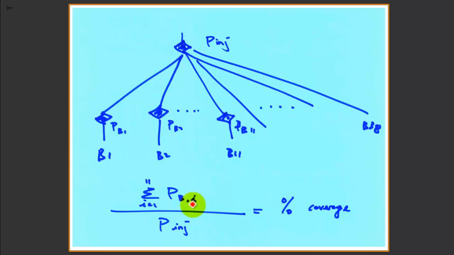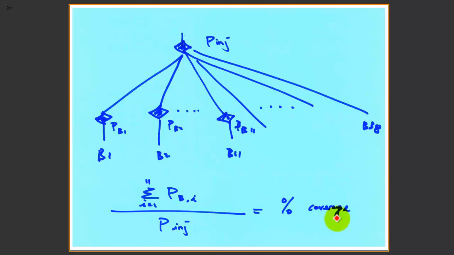We sum all the building metering data and divide it by the total consumption of the whole campus. As I mentioned, we have three major feeders for the Michigan Tech campus, so we can just sum it up and see the total coverage based on those 11 buildings.